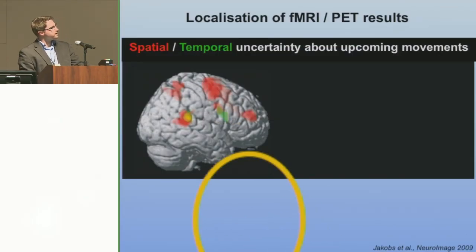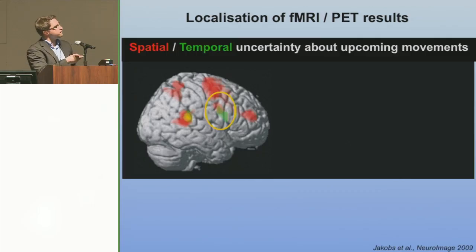And that's an example here. So we have these two activations here on the inferior frontal gyrus. It's about spatial in red and green temporal uncertainty coding. And now the big question is, is that actually one thing, or is that a different one? Because they're kind of close to each other. So one could argue, well, this is just a little bit of variance, or it's actually two different parts of a brain.